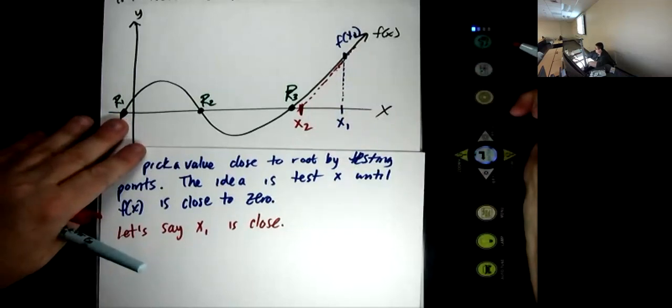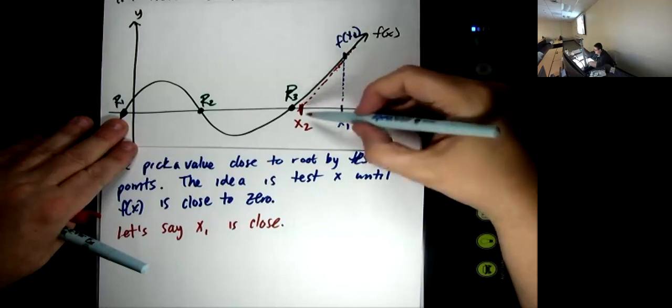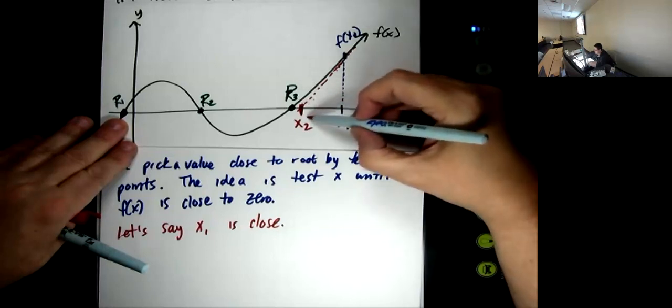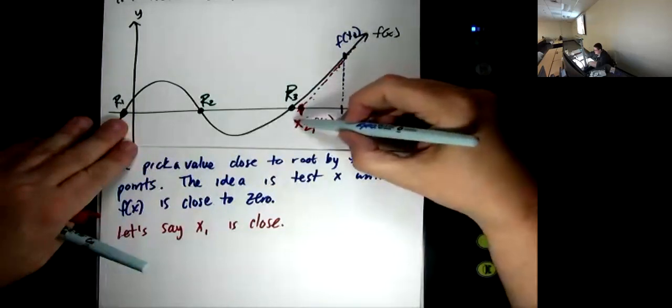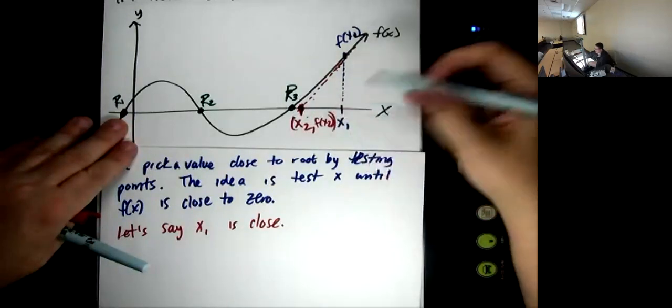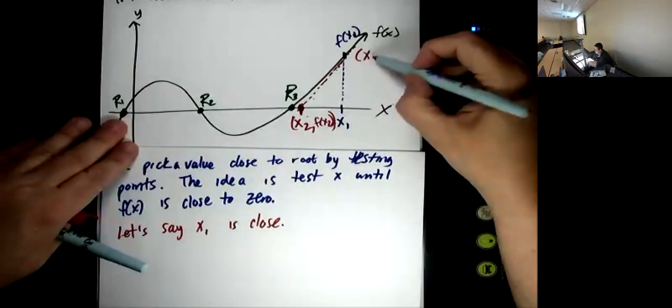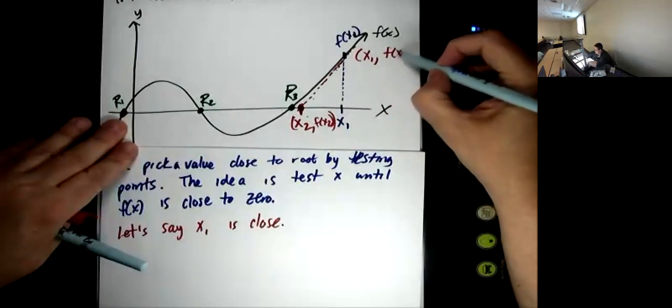And presumably x2 is closer to the root than before. So this value has a value of f of x2 right there, x2, f of x2 at that point. And this one is x1, f of x1 up here.